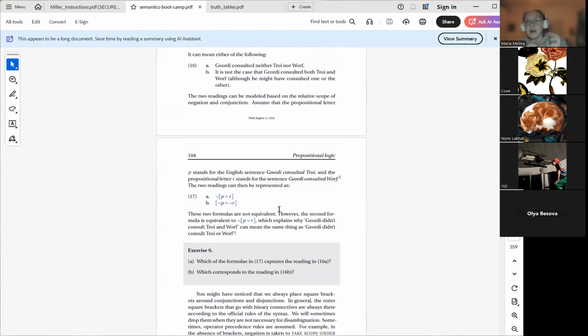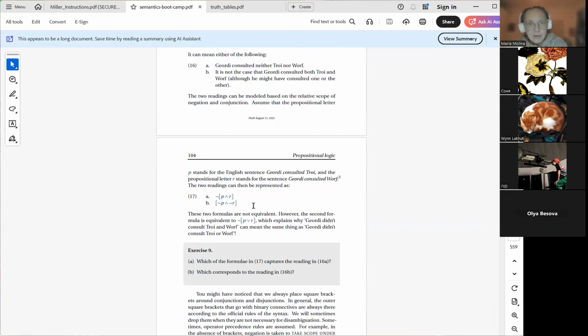We have Jody consulted Troy, Jody consulted Wolf. The negation of P would be Jody didn't consult Troy. The negation of Q would be Jody didn't consult Wolf. So the B case is Jody didn't consult Troy and Jody didn't consult Wolf.